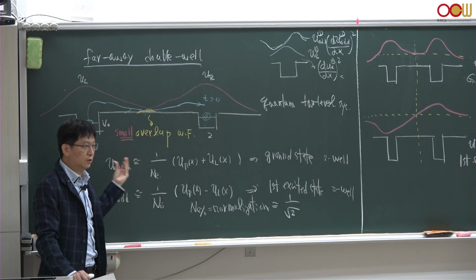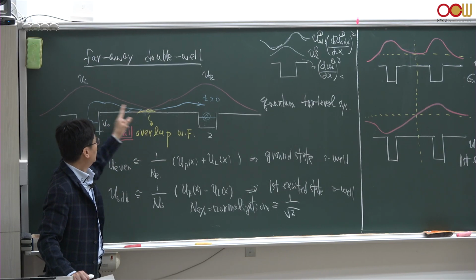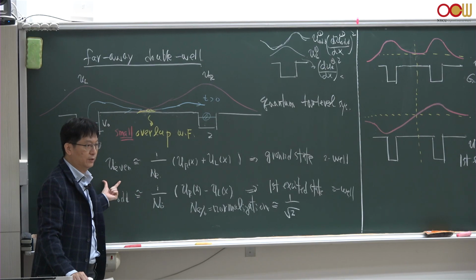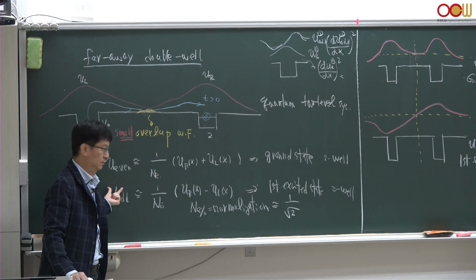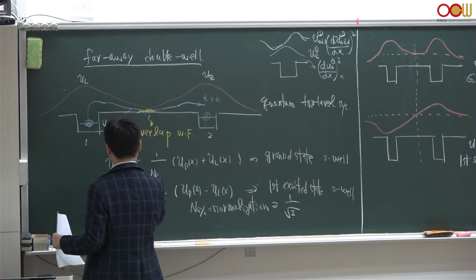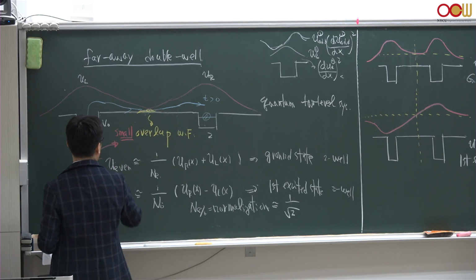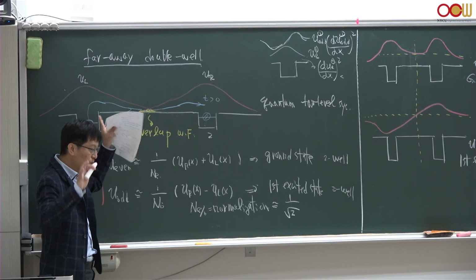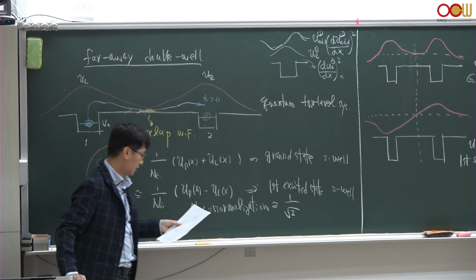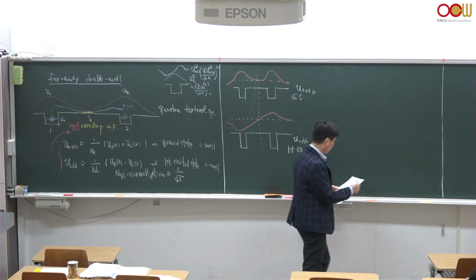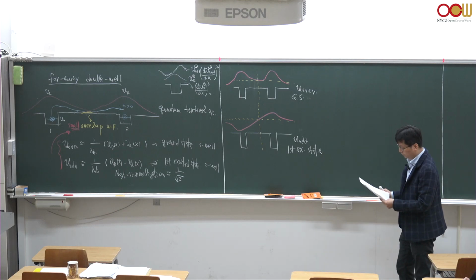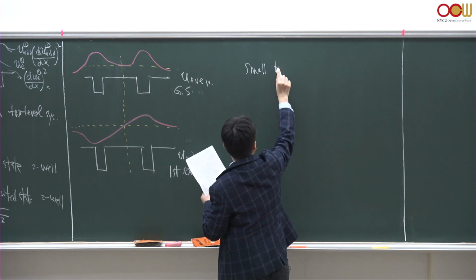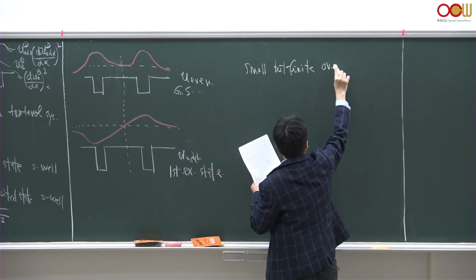If these two wells are too close to each other, these two wave functions overlap too much, and this approximation is not good enough. This approximation is good only if these two almost isolated wave functions have a very small overlap. So let's derive this quantum oscillation phenomenon for small but finite overlap.